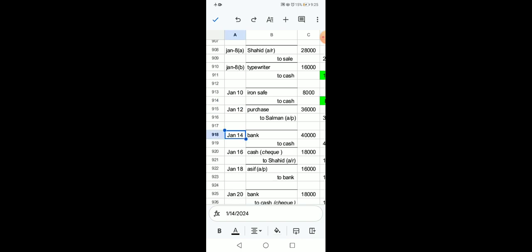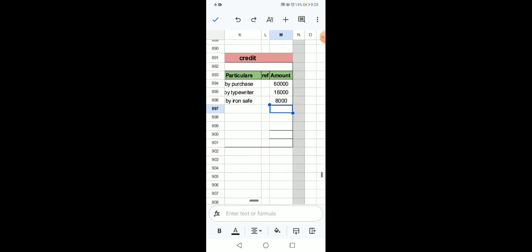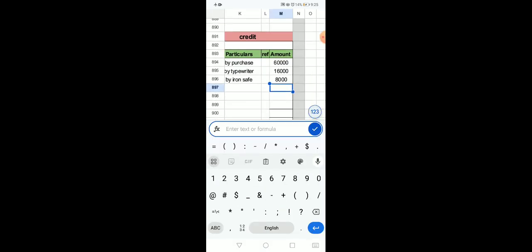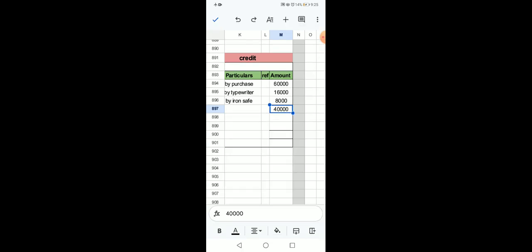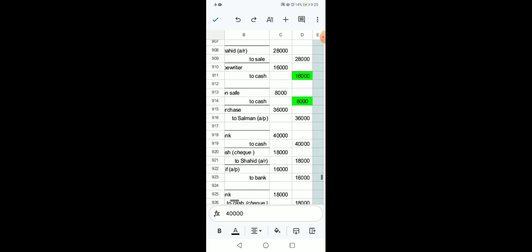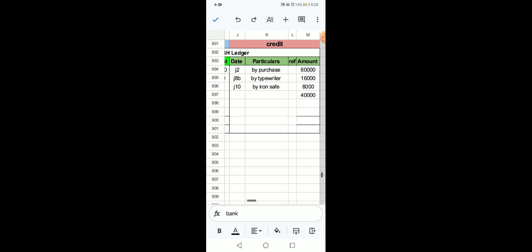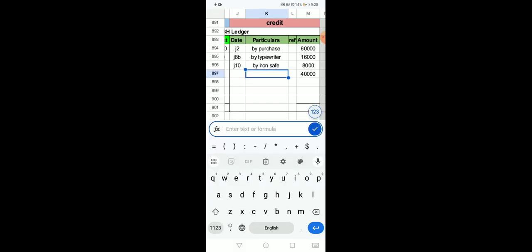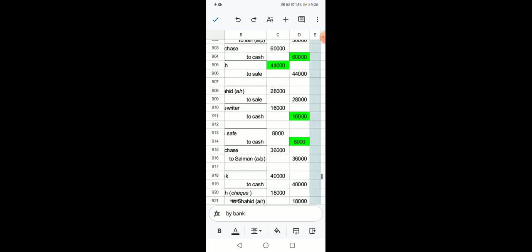Next entry, January 12, cash is not present. January 14, yes, cash is present, 40,000 on the credit side. So go to the credit side and write down 40,000 over here. See the 40,000 reference. What is written on the opposite side? That is bank. So you are going to write buy bank in the particulars column of the credit side. See the 40,000 date, which is January 14.